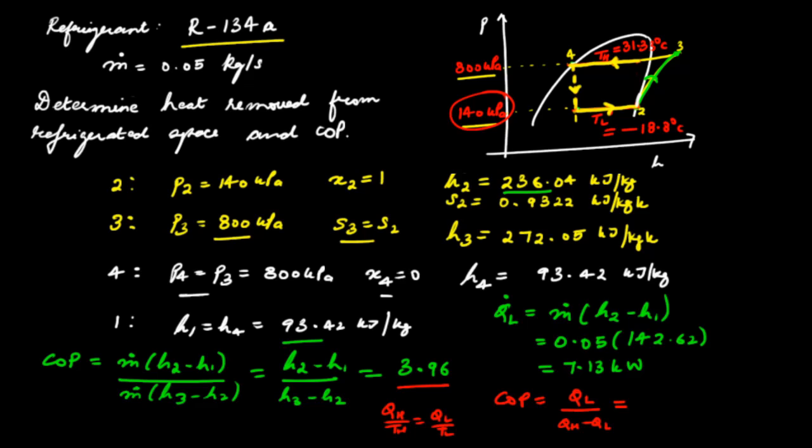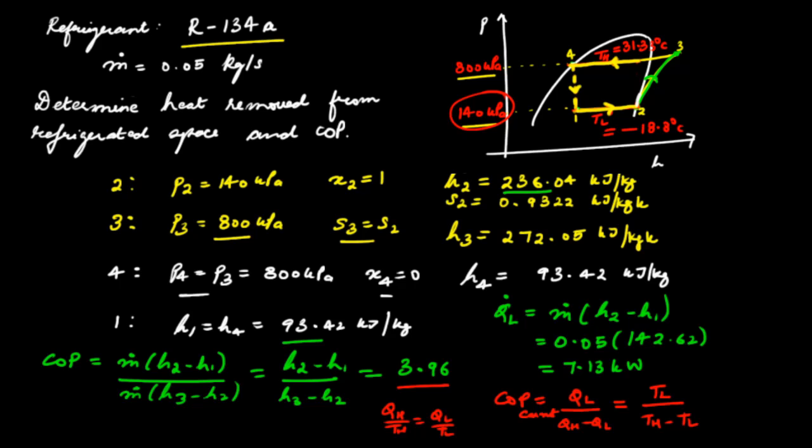Therefore, this is the case, and then we have TL over TH minus TL. So if we determine these temperatures where vaporization and the condensation processes are taking place, we can determine the COP of the refrigerator working on a Carnot cycle in reverse. So we can go back to the property tables.